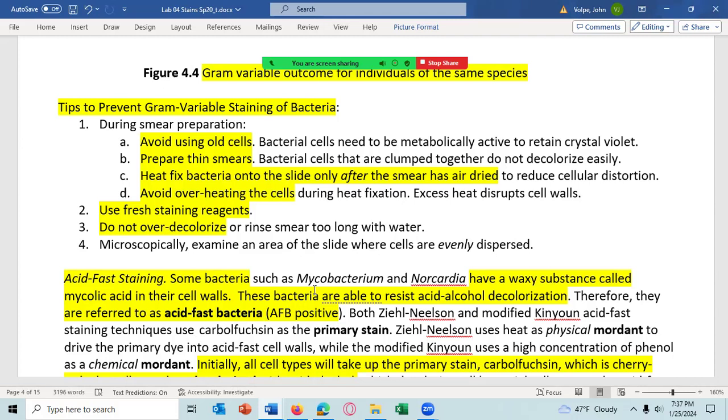These bacteria are able to resist the decolorization step in the acid-fast stain.